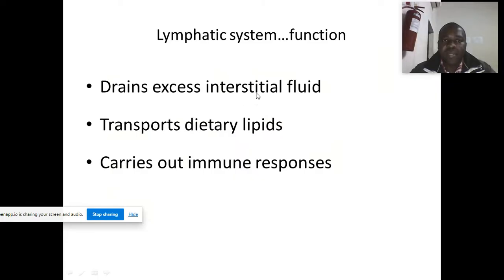Like draining excess interstitial fluid and transporting dietary lipids. As we know, the absorption of lipids usually involves the lymphatic system, including absorption of fat-soluble vitamins A, D, E, K. It also carries out immune response.